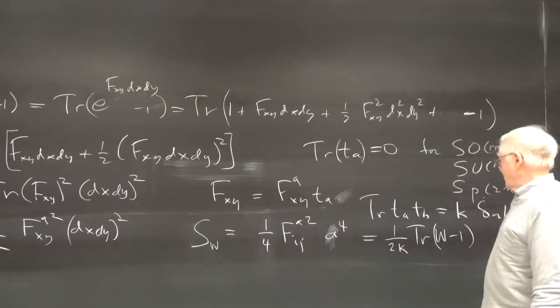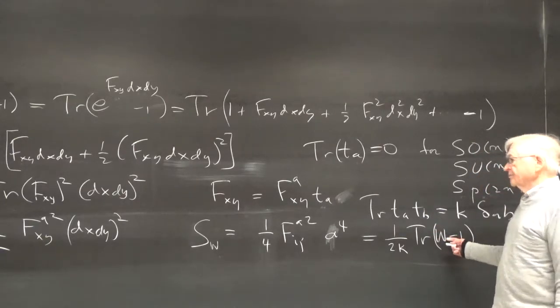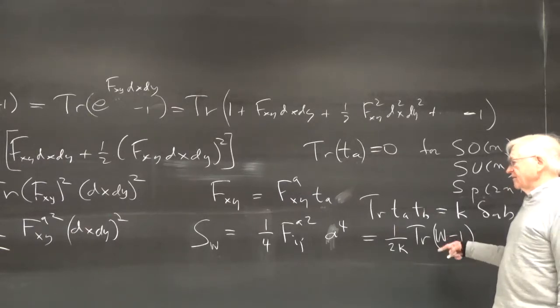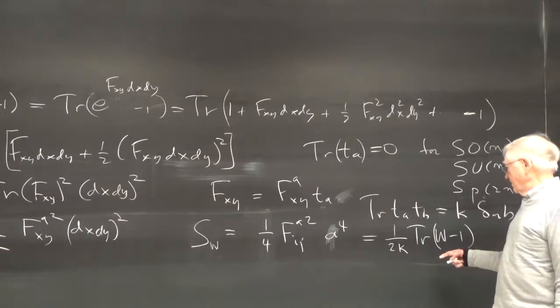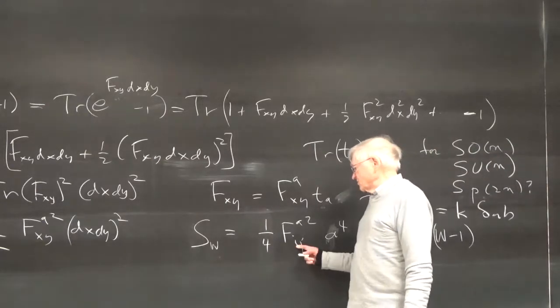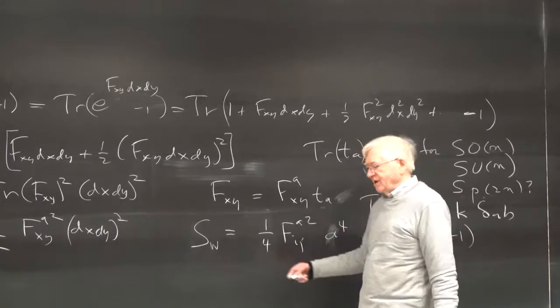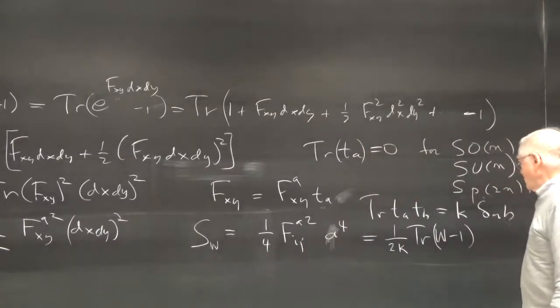We certainly have to divide by K to cancel the K. We'd like to have a 1/4. The extra factor of 2 is because one sums over all I and J, and so you double count, so you put in an extra 2.